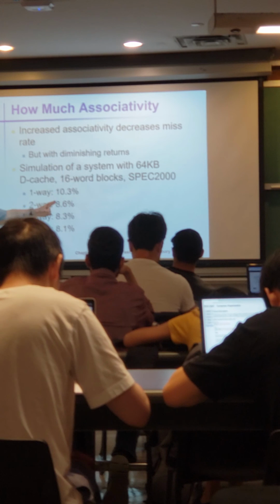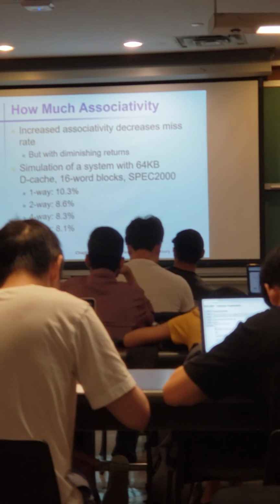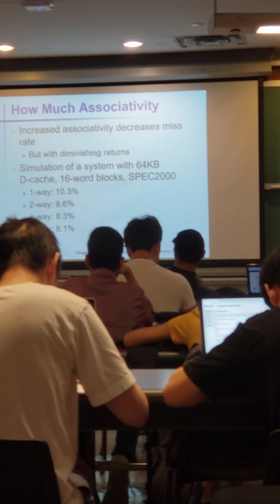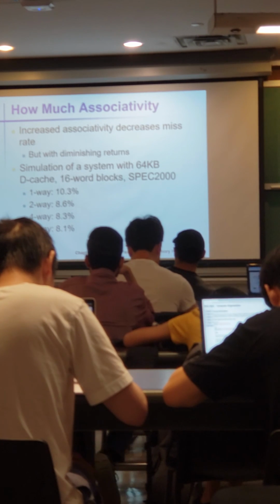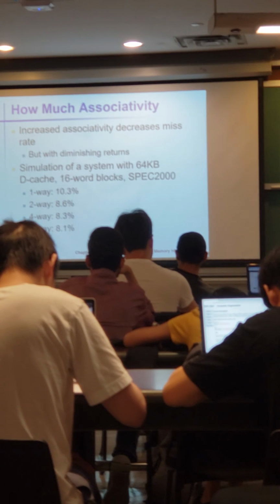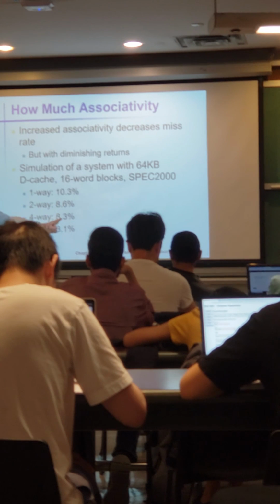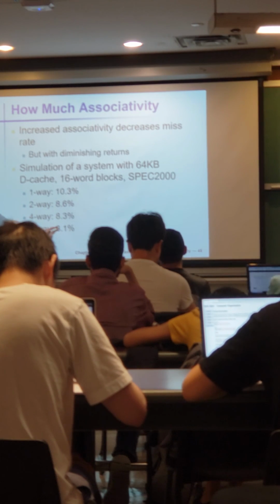But you get something like from 10 to 8% improvement. And then this becomes negligible, right? So it turns out that going from one-way cache to two-way cache makes sense, but going up to four-way or eight-way doesn't really increase performance significantly, right?